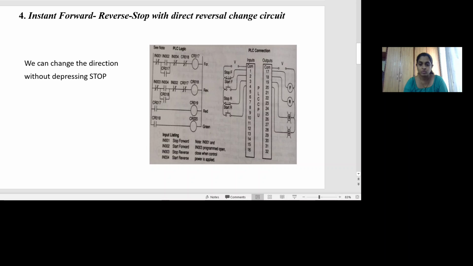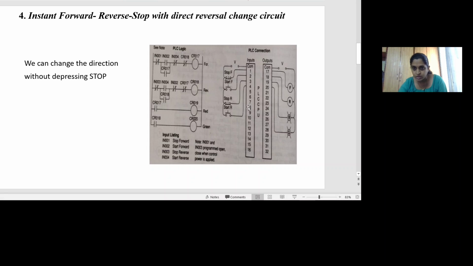If the motor is running in a forward direction, then within a second, within an instant, I need to change the direction. So whenever I need a very fast change in direction, I can use the instant forward reverse stop circuit.